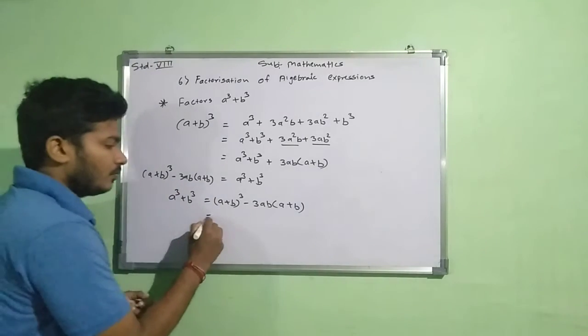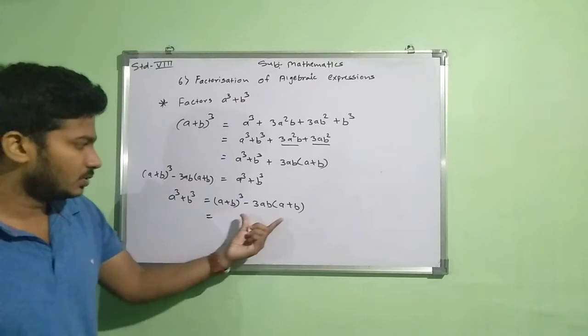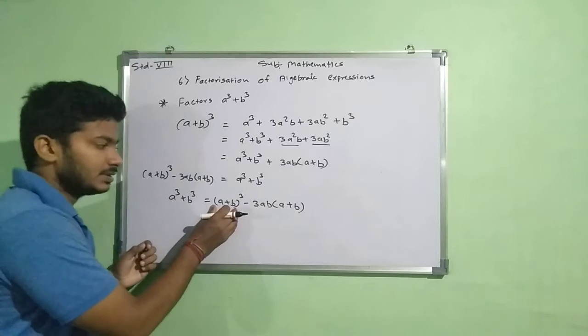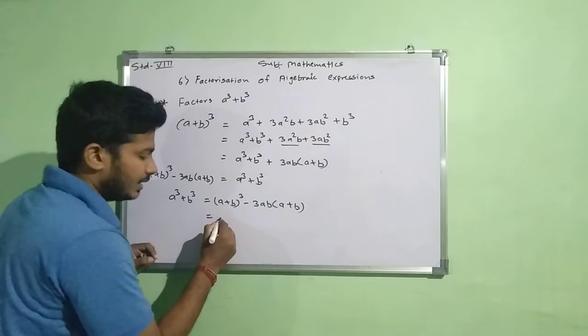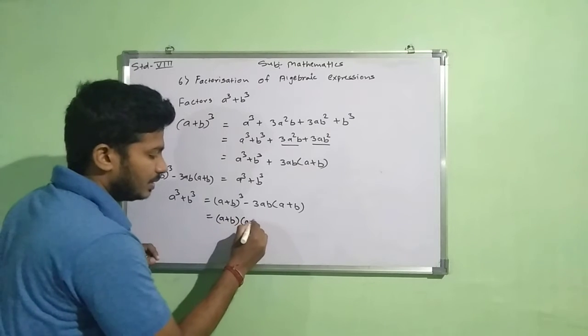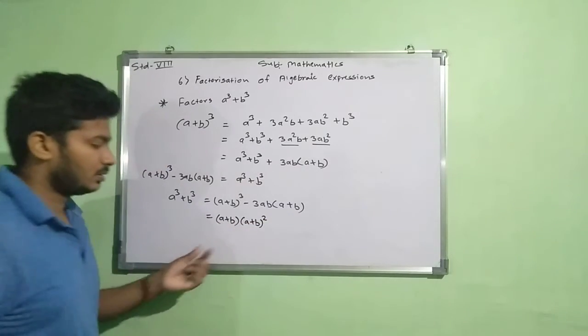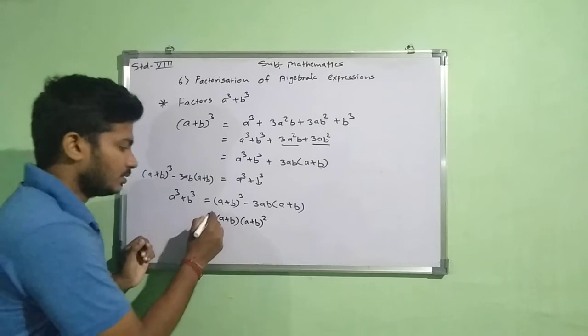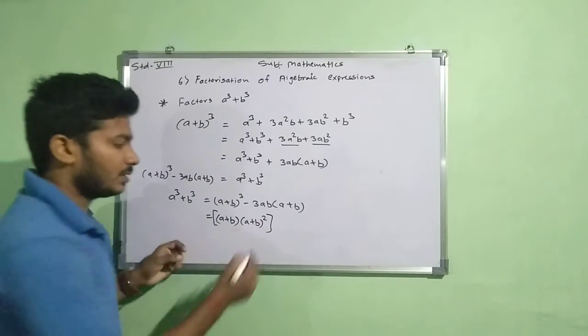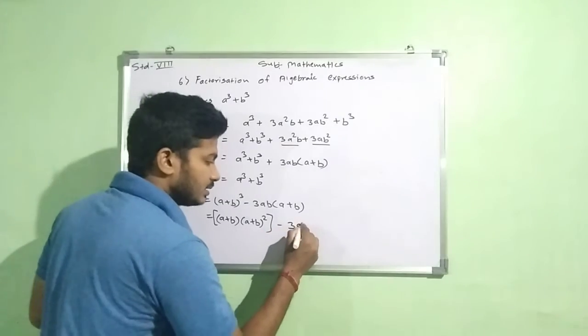Now if you carefully look at the two terms, that (a plus b) cube, we can write that as (a plus b) into (a plus b) square, minus the second term as it is, a plus b.